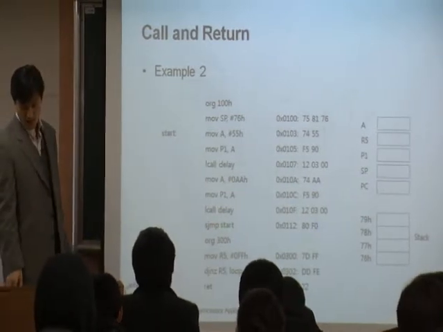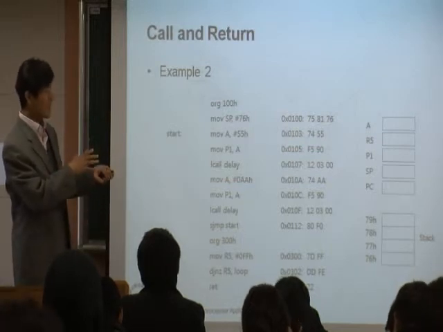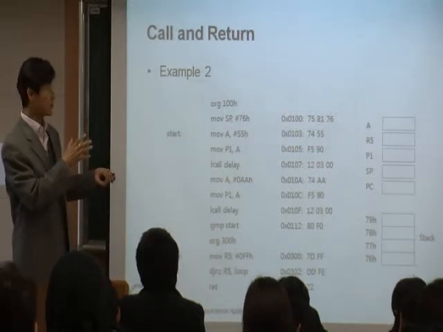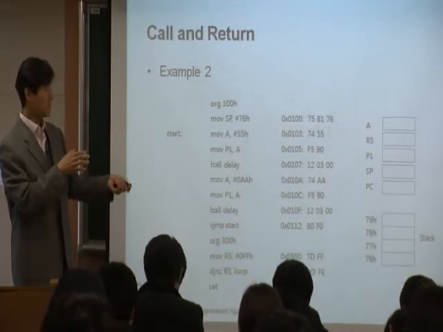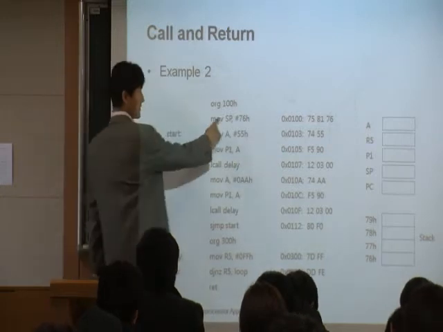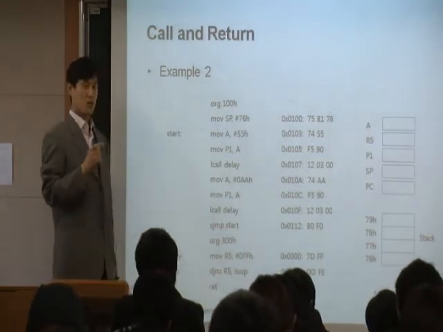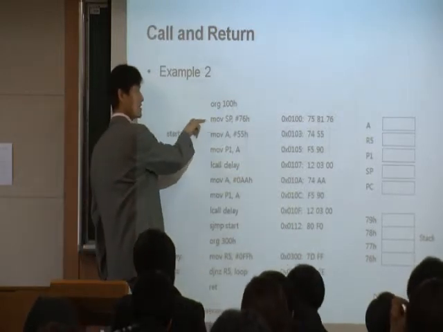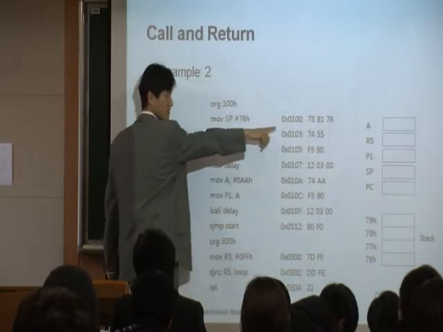Another example, maybe a little bit more complex. But another thing that you look at here is actually a mapping between your assembly code and binary. Look at here. Whenever you see ORG 100H, what this means is that the next line will start at 100H.